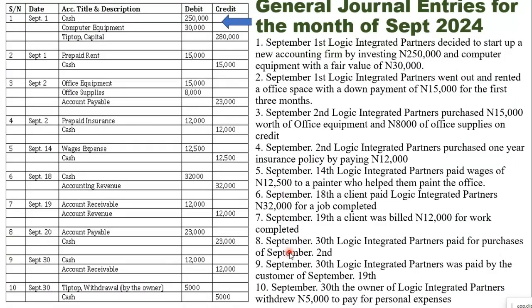Number 8, September 30. Logic Integrated Partners paid for purchases of September 2nd. So there was a purchase on September 2nd involving 15,000 naira worth of office equipment and 8,000 naira of office supplies. So we're going to pay for that transaction right now.